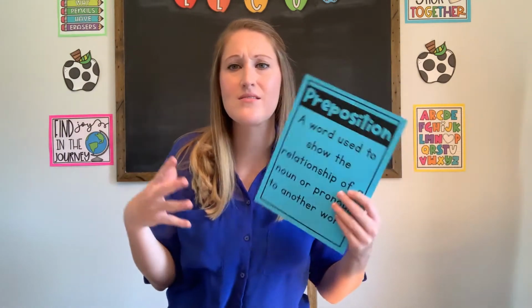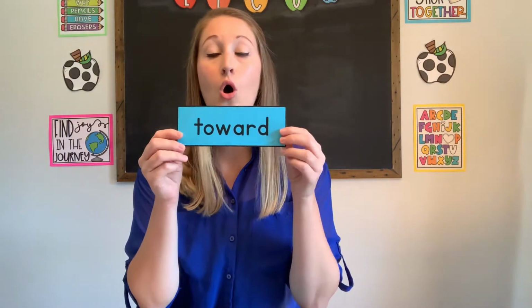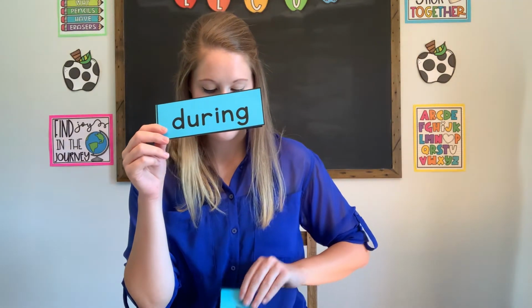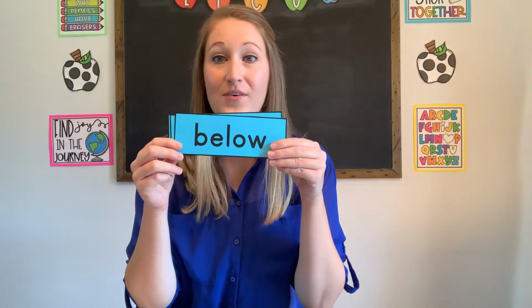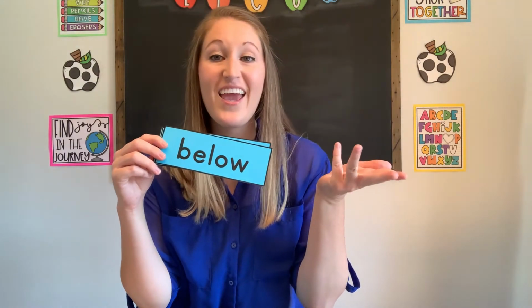How do these things fit and work together? Let's look at some examples. We have words like toward, during, below, right? So they can show location, time, and direction.